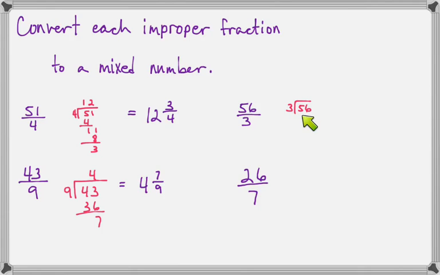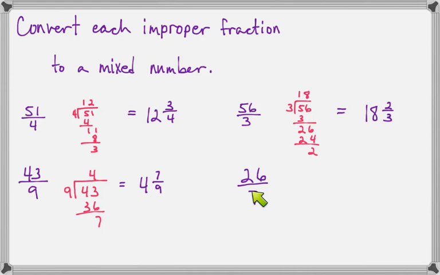So we're going to convert and we're going to divide 56 divided by 3. So I'd say 3 goes into 5 once with 2 left over. Pull down the 6. 3 goes into 26 8 times with 2 left over. So we get 18 2/3.